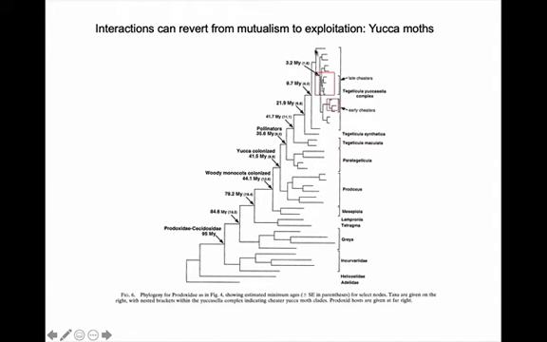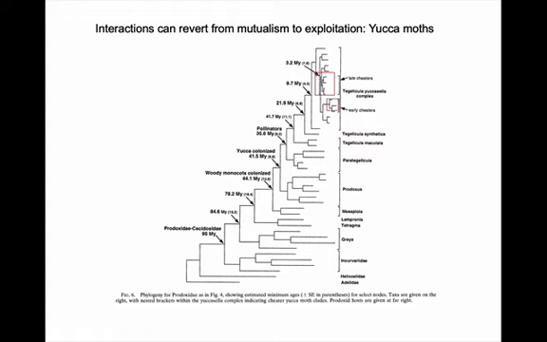But here you have closely related moths that are still true mutualists. So depending on ecological conditions, you may slip back and forth from mutualism to exploitation. This is a very cool system, but it doesn't help us understand what the ecological determinants are of whether you are on the mutualism side or the exploitation side.